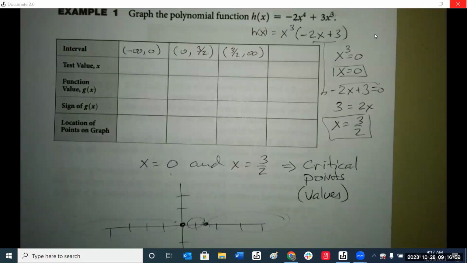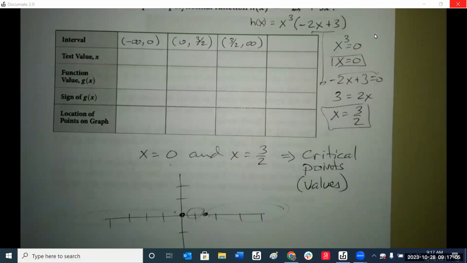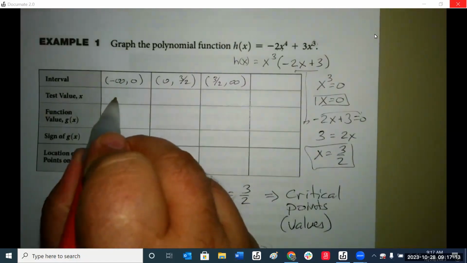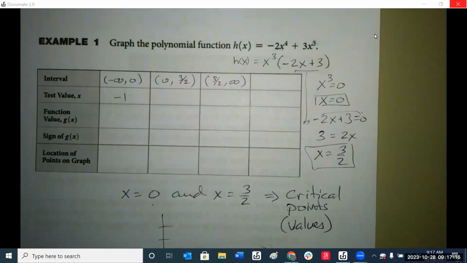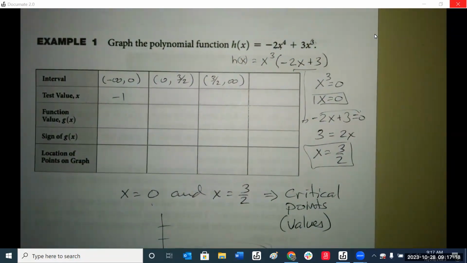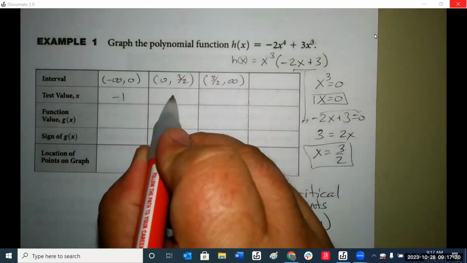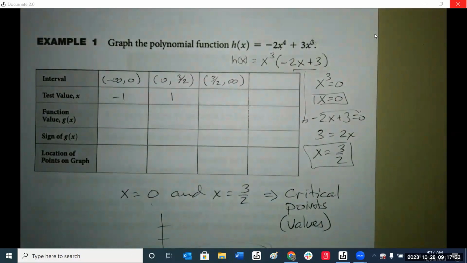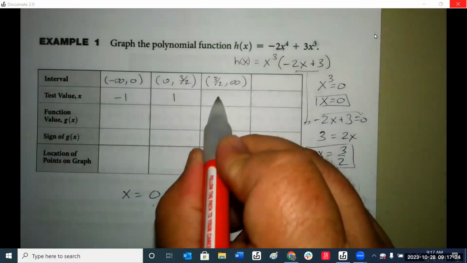The way the book wants you to do this is very time consuming. Because what they want you to do now is take a value on this side, any value, let's say -1. That's my test value. On this side, take 1. On this interval, and on this interval, let's take another one. Let's take 2.